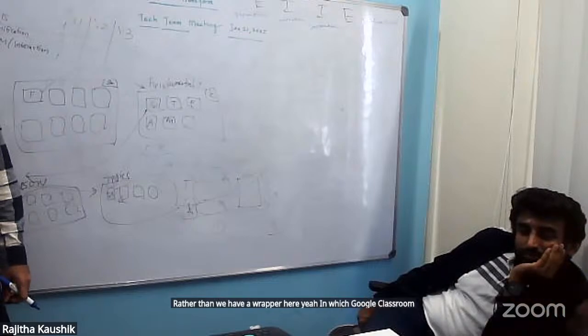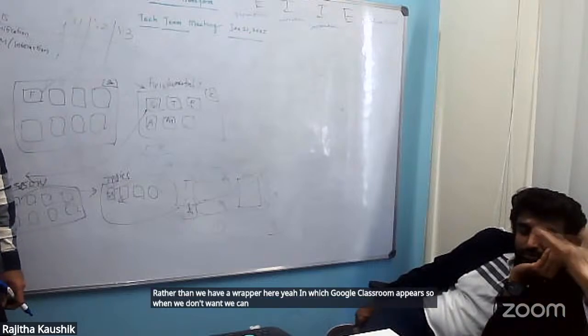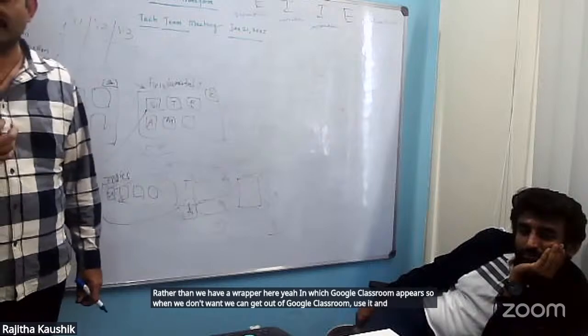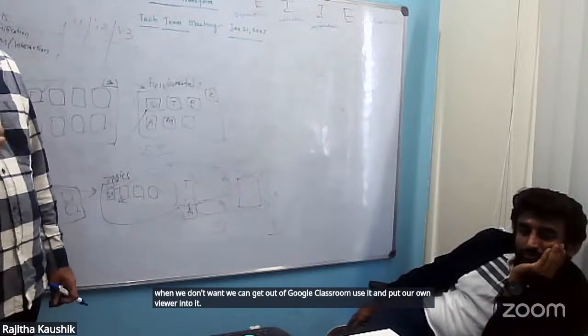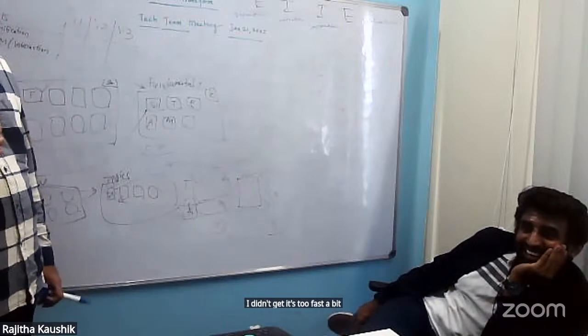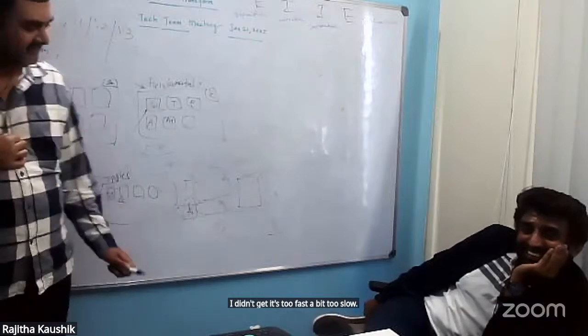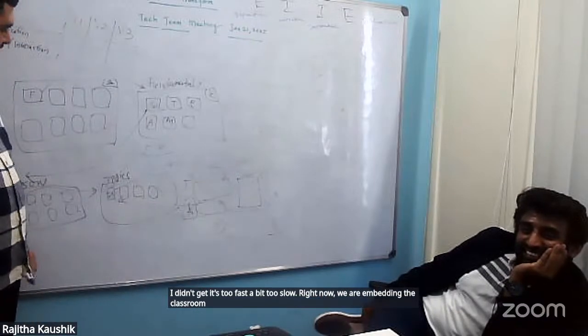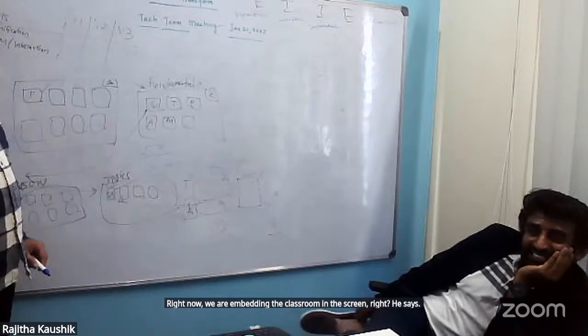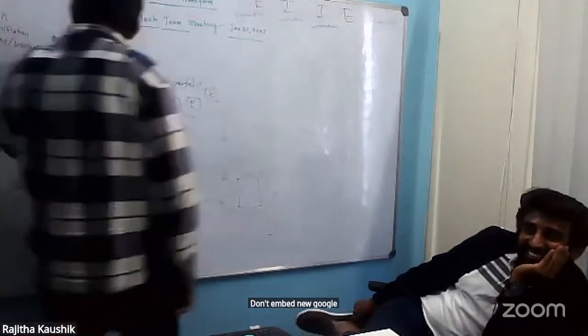So we can get out of Google Classroom, use its content and put our own UI into it. Right now, they are embedding the classroom in the screen. He says, don't embed Google Classroom, don't show Google Classroom at all.